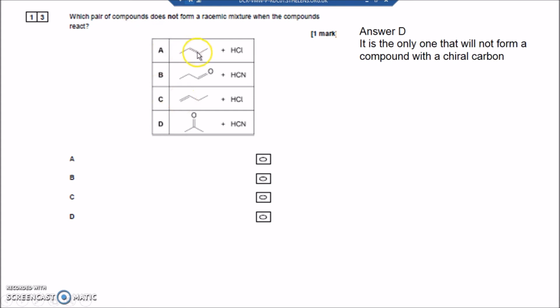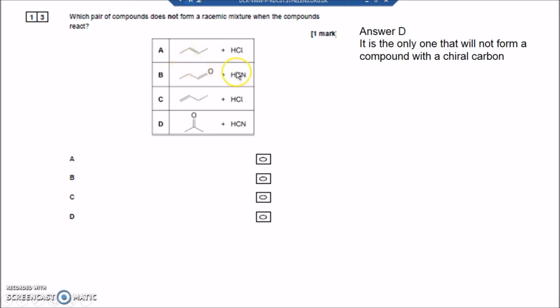If the H goes on carbon number 2 and the Cl goes on carbon number 3, although it wouldn't matter if it were the other way around, this carbon would have an H, a CH3, a Cl, and then a CH2CH3.